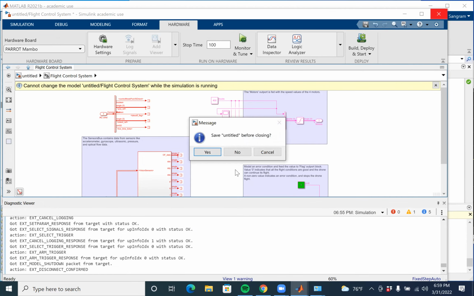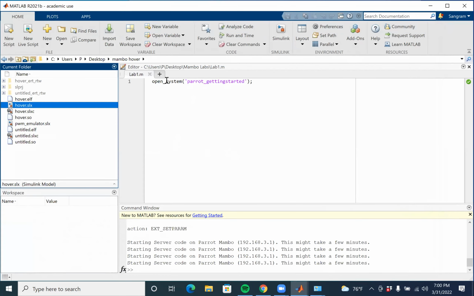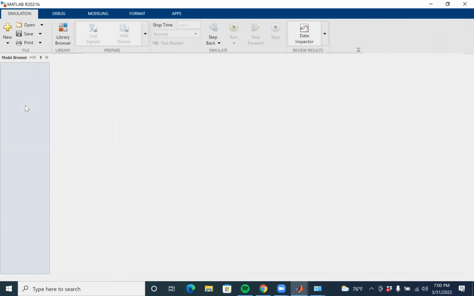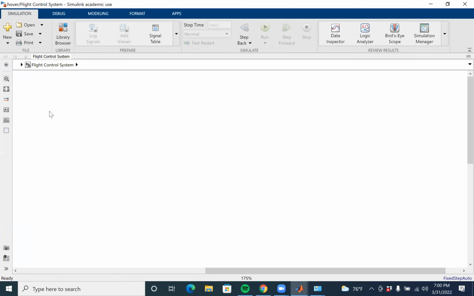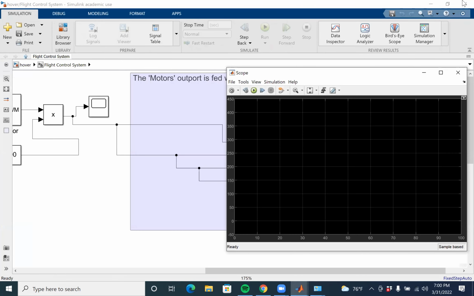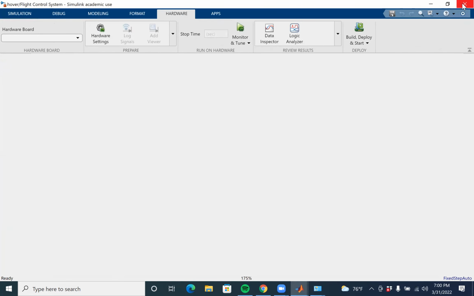Okay, so I'm going to close this and I am going to open hover, where I think I implemented the complementary filter. No, this is not it, I just replicated PWM here.